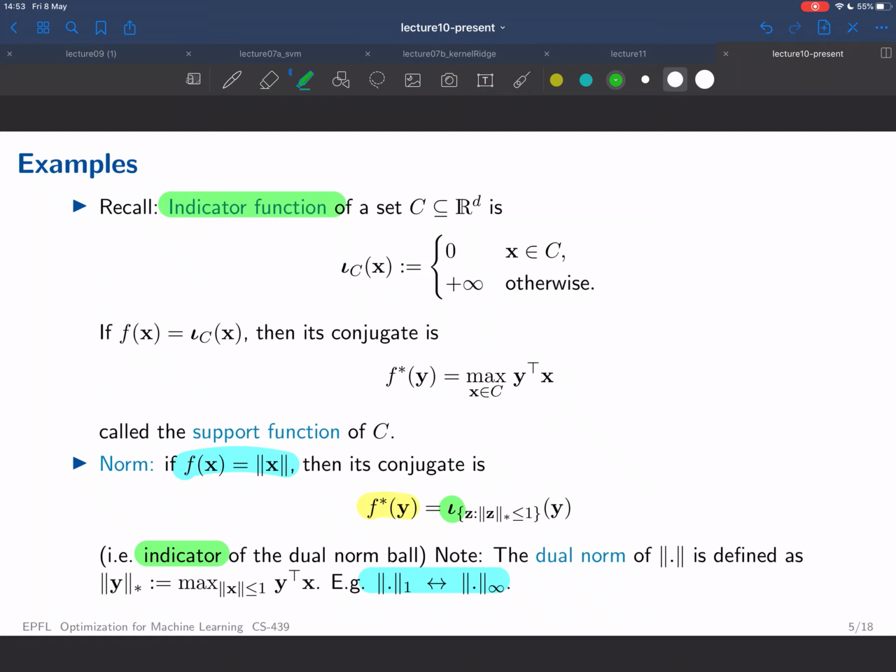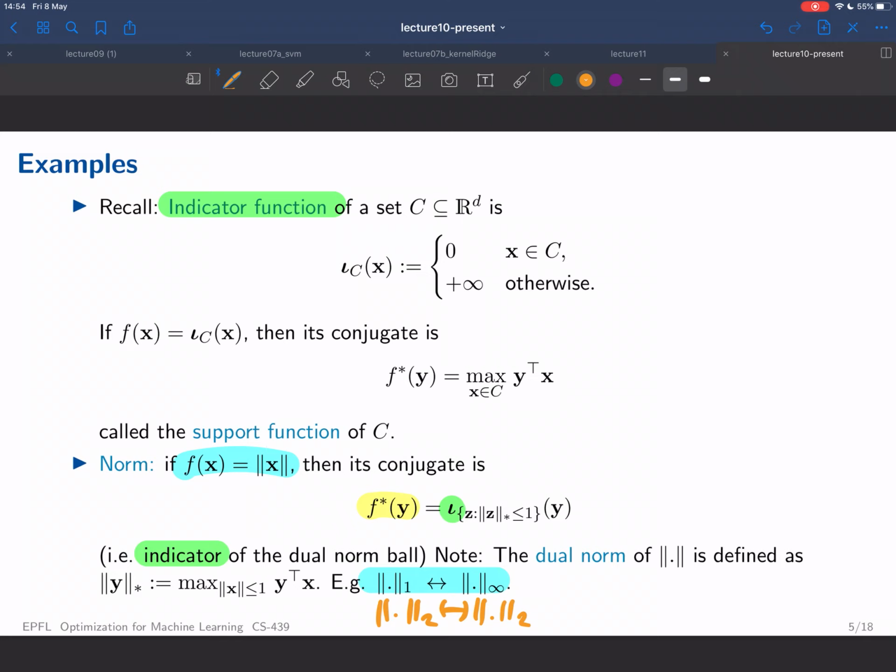All right. And if you want a general definition of what a dual norm is, that's also written here. But maybe the most common ones are really L1 and L infinity, and of course L2, and the dual norm of the L2 norm is actually itself, which is also interesting to think about.